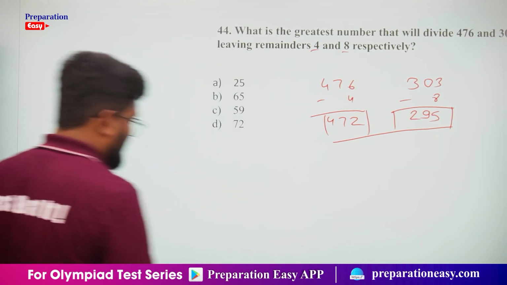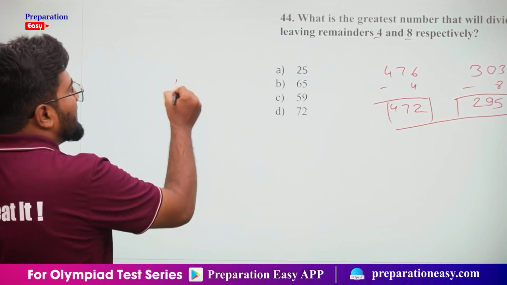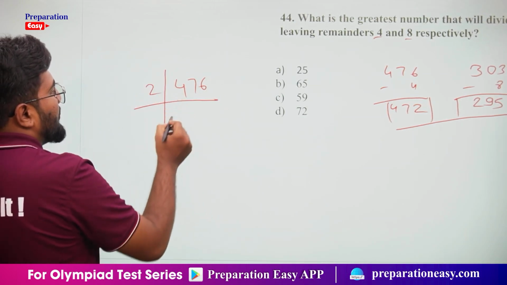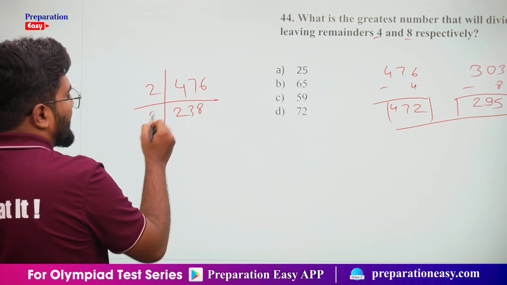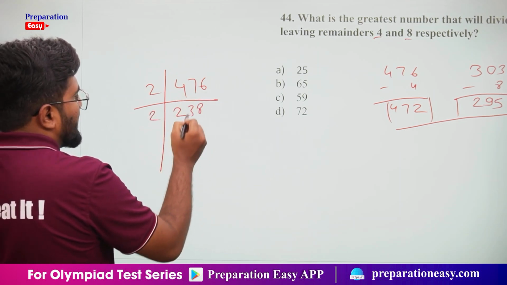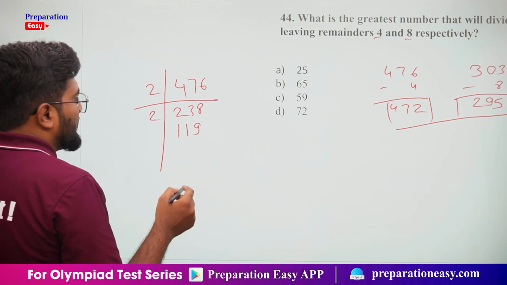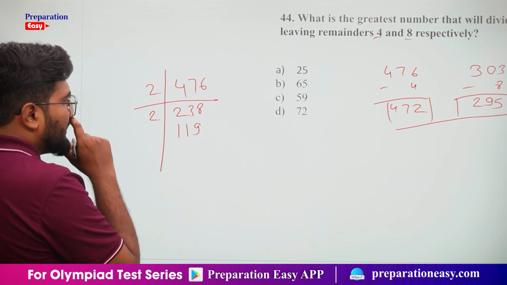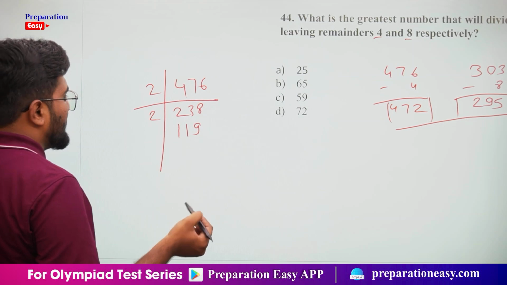So let's find out. First number is 476. Prime factors of 476 are 2, then again 2. Then is it divisible by 13? No, not 13.